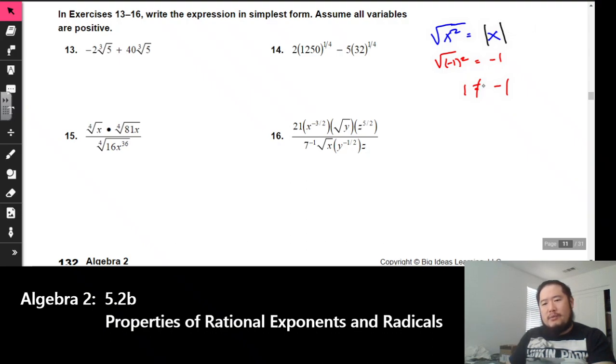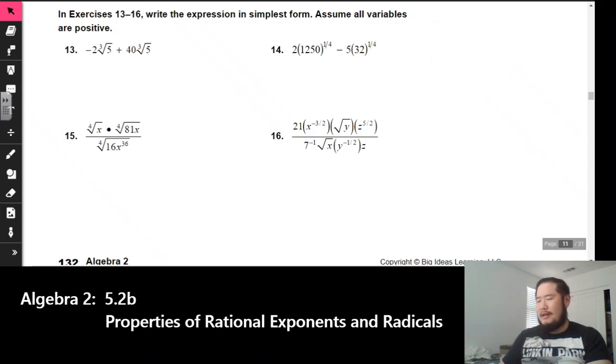Because if I said that x is equal to negative 1 and plug in negative 1, it's not equal. So therefore the absolute value is necessary. That's why they say assume all variables are positive, because we'll worry about that a little bit later on. But that's just a little extra tidbit to add to your knowledge bank.